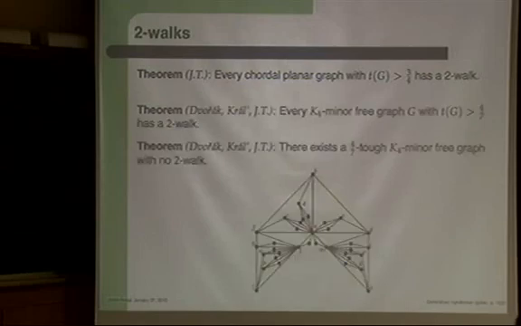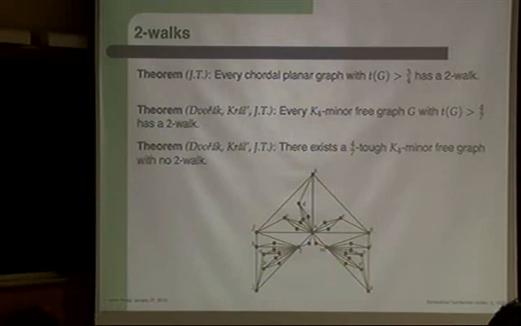Then what we did with Zdeněk Dvořák and Daniel Král is that we assume that, okay, in this case the simplicial vertices could have a degree 2 or 3. So let's say, just forget the simplicial vertices of degree 3 and assume you have simplicial vertices of degree 2.